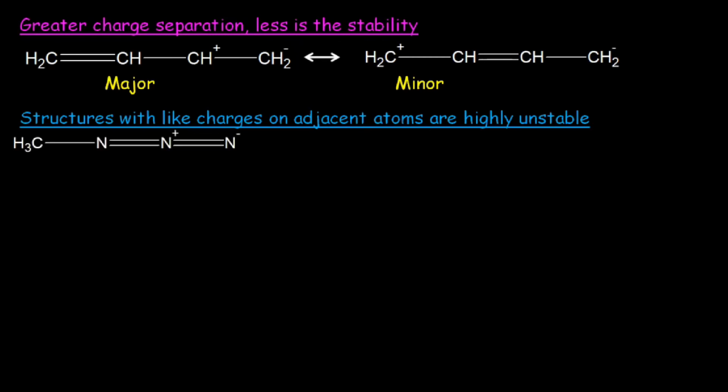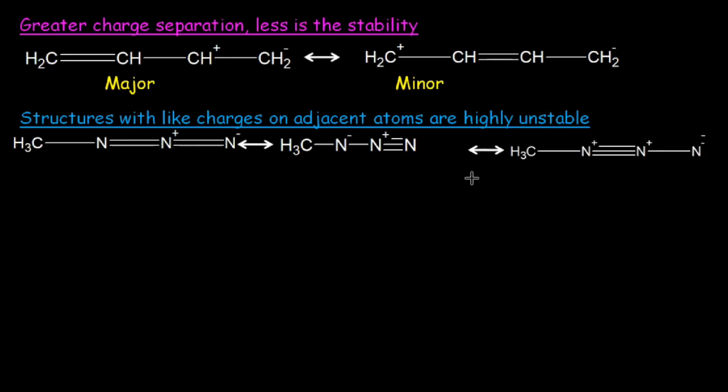Consider this example. One of the nitrogens is negatively charged and the other is positively charged. Its another canonical form is this one, where this negative charge shifts between these two nitrogens and this double bond breaks off and nitrogen gets negative charge.